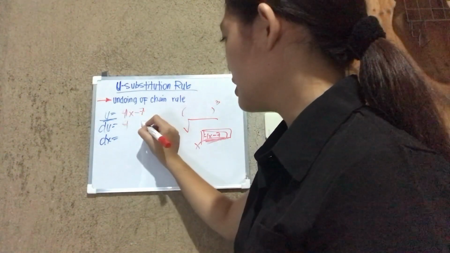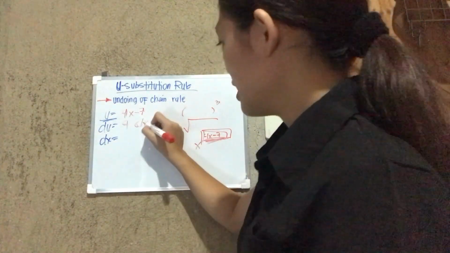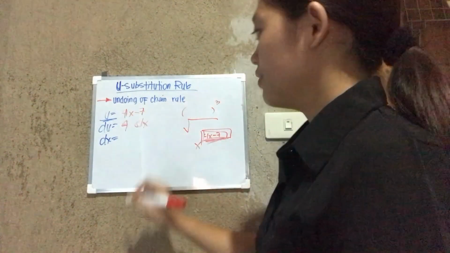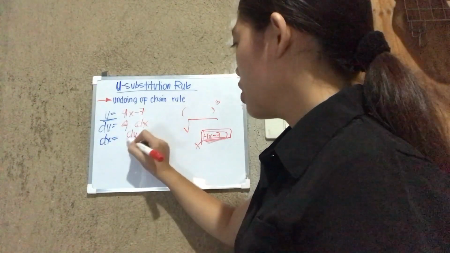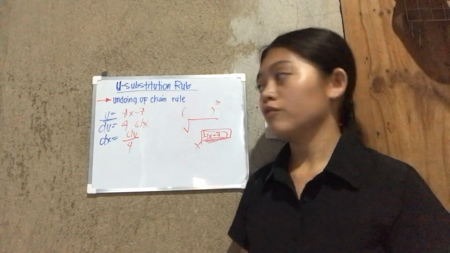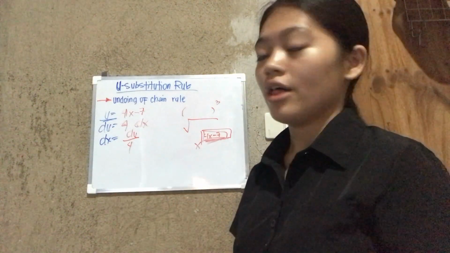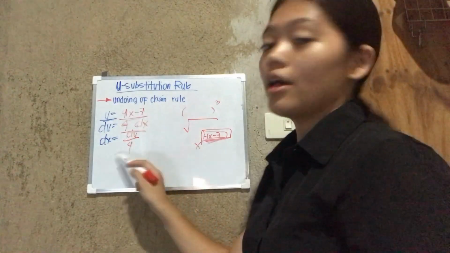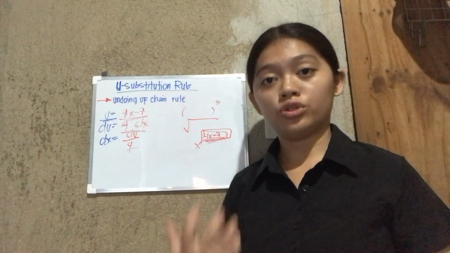Then copy the dx. Then solve for the dx by dividing with the 4, so we now have du over 4. Once we have solved the u, the du, and the dx, we are going to substitute these terms into the original function. That's how use substitution works.